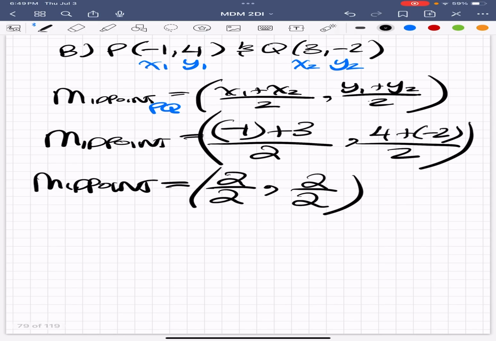And then, once we move on, we have to reduce these to their lowest forms. And when we talk about reducing, well, 2 goes into 2 how many times? It goes in once. So 2 is on the top and the bottom, and we're going to strike them both out, and it becomes 1.